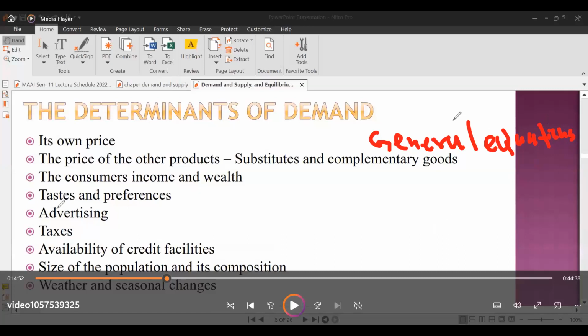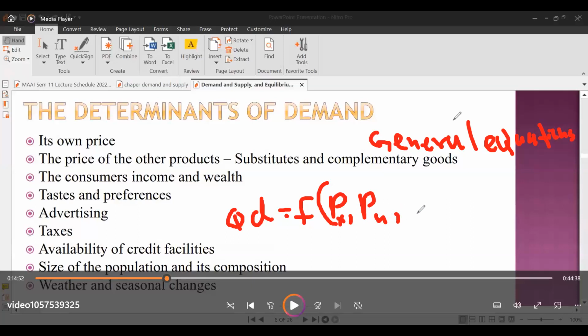The general demand function is like this. Here QD, the quantity demanded, is a function of all the factors. The first is the price of the considered good, then the second, the price of other related goods, Pn, where X is the considered commodity and the others are related goods.